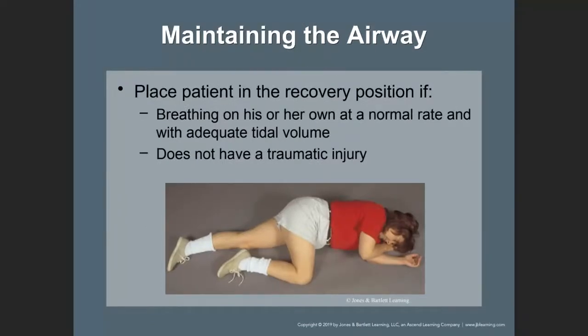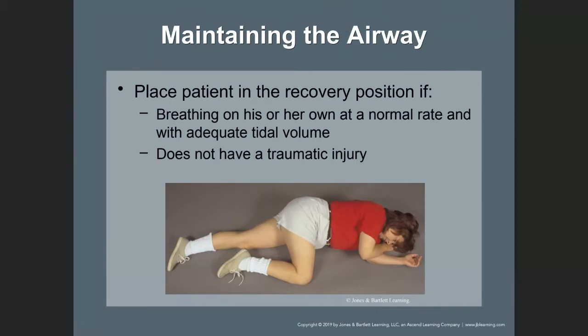Maintaining the airway. Place the patient in the recovery position if breathing on his or her own at a normal rate with adequate tidal volume and does not have a traumatic injury. So this is if you have a medical patient that is not fully alert or oriented or responsive, but they're breathing okay.